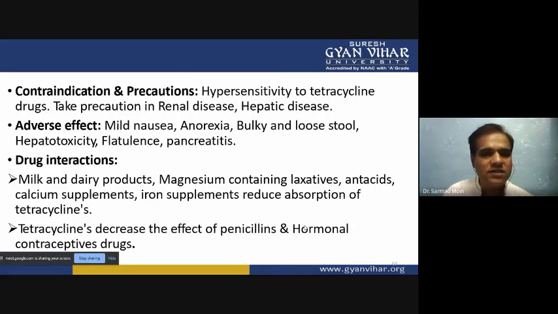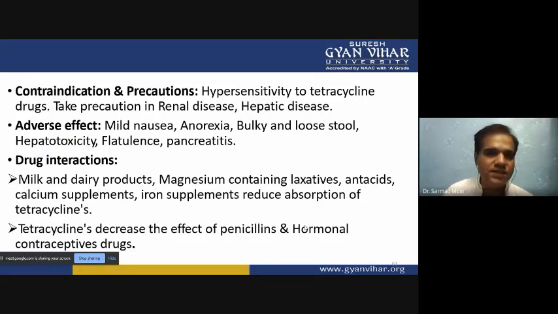Then contraindications and precautions. When we give tetracycline to a patient, it can cause hypersensitivity, and we must always take precautions when the patient has a history of renal disease or hepatic disease.